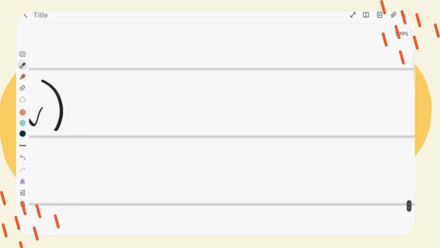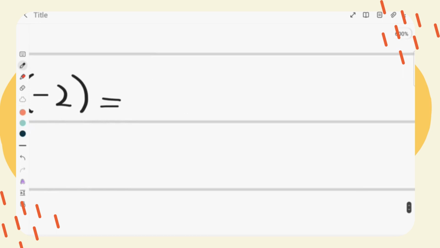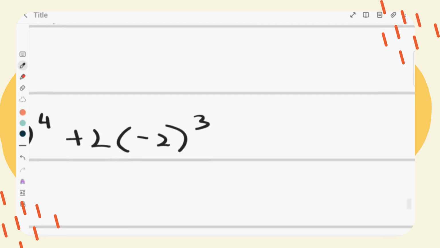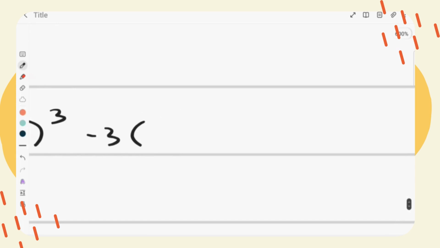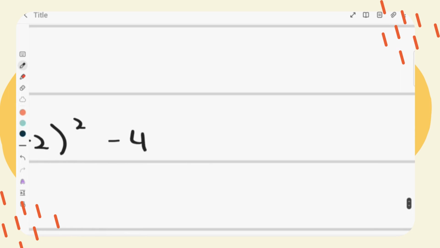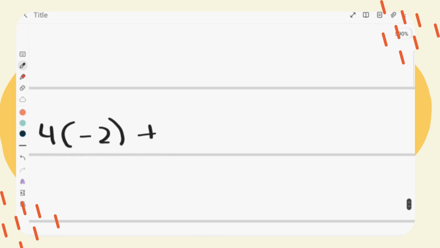So for f of -2, we just substitute -2 into the function of x, and then we get 0.